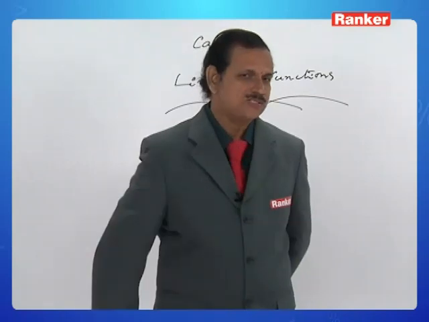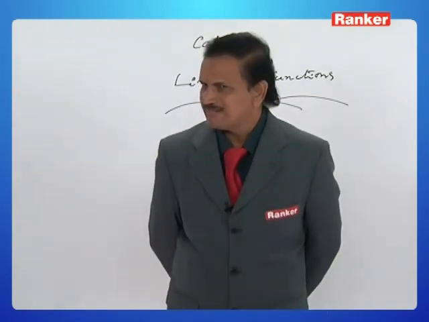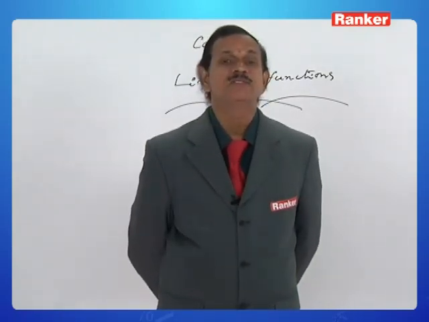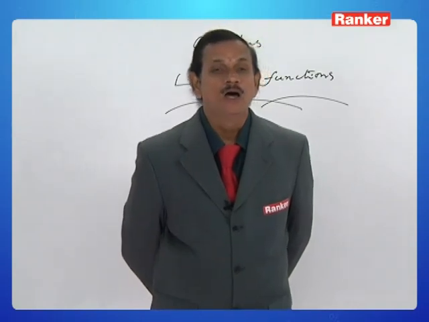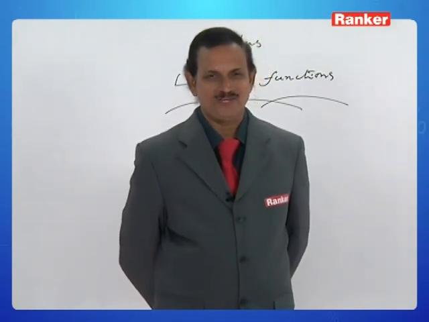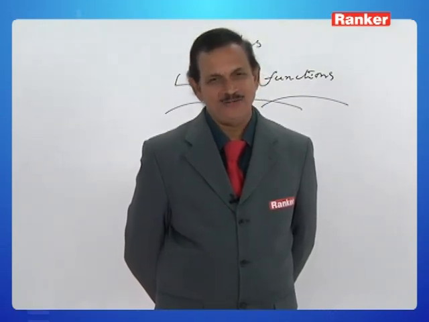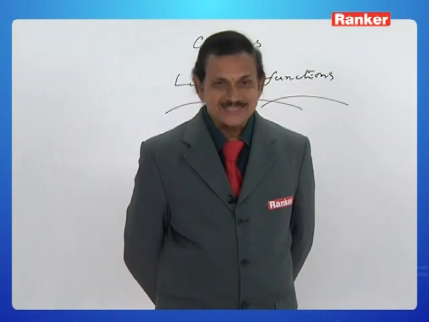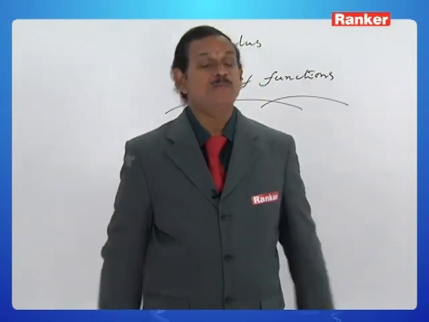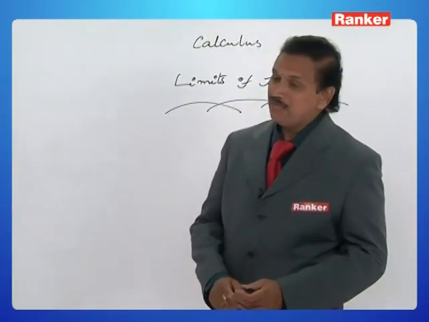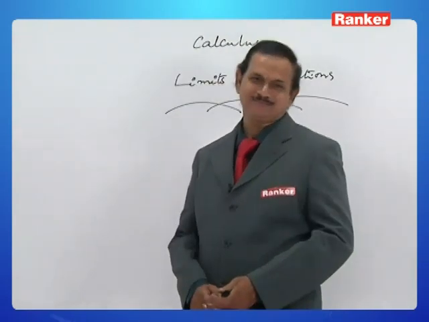X approaches 1000. What is the exact value of X? 999 rupees 95 paisa. What is the approximate value or the nearest value or the used value? 1000. On such an occasion, we say that X approaches 1000 or X tends to 1000.